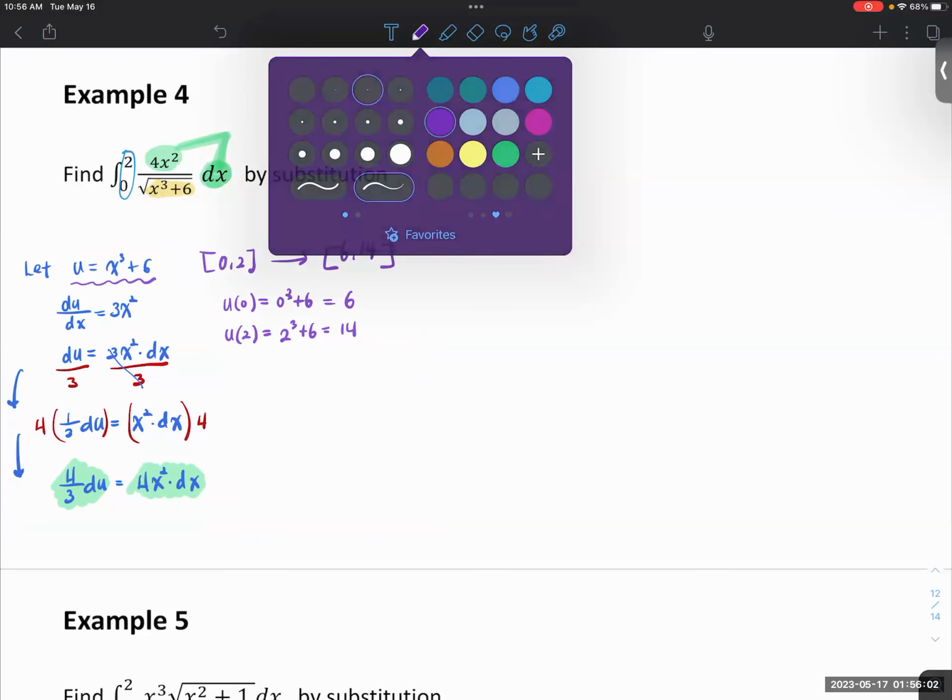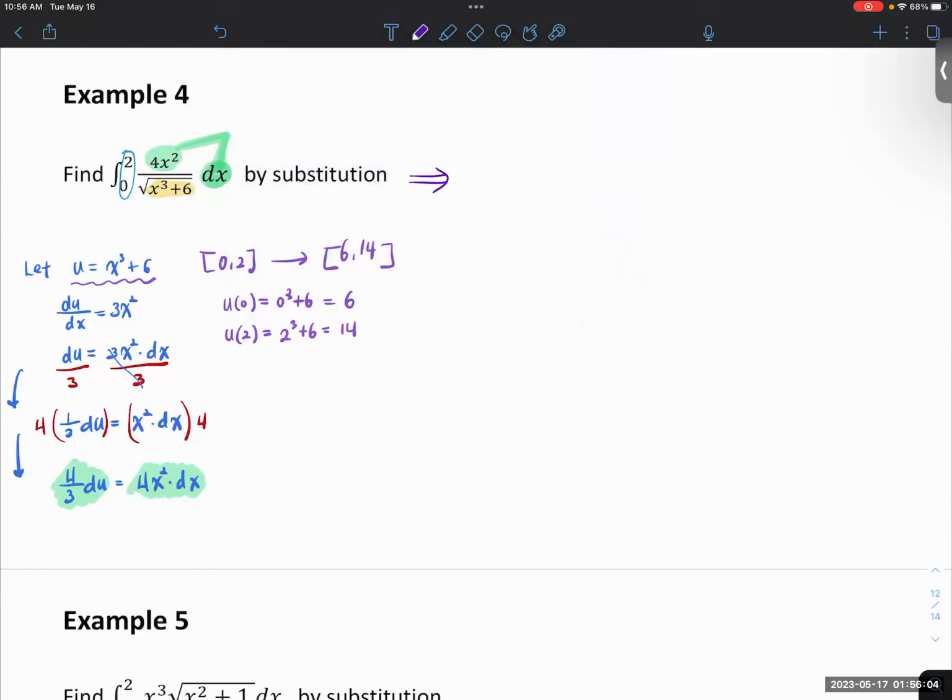Let's take the integral right there. Now it is going to be from 6 to 14, and then we have 1 over radical u times 4x squared times dx, that is 4 over 3 du. I can bring the number to the front: 4 over 3, 6 to 14, 1 over radical u du.